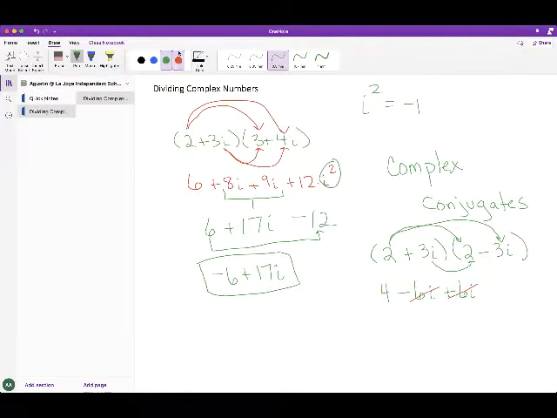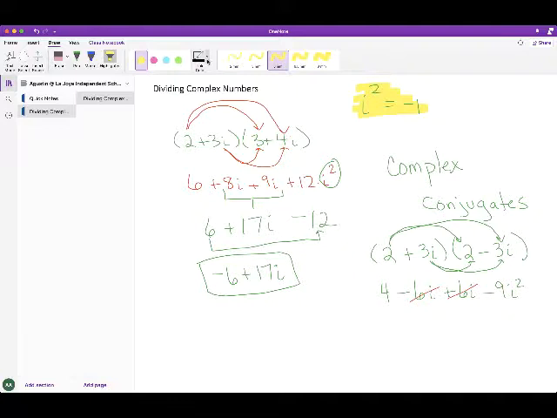And then if we continue, 3i times -3i will give me -9i squared. And again, I'll keep saying it as long as we're working with complex numbers, this is going to happen a lot. What is i squared? i squared is equal to -1.